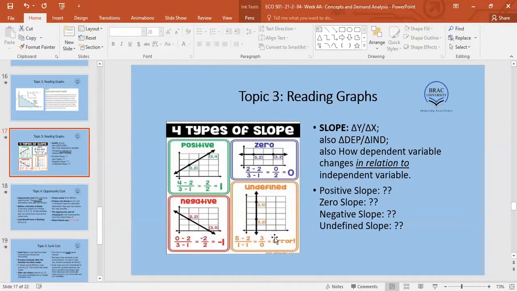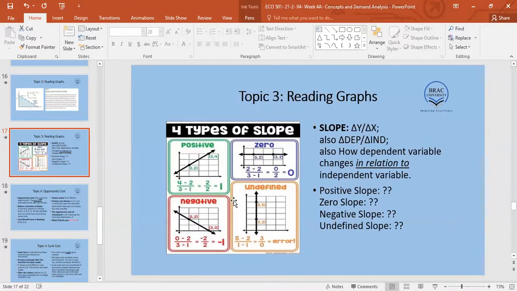Now look at the undefined one. If we are thinking from a mathematics point of view, then we are wired that the x-axis is the independent variable, and this black straight line creates a 90-degree angle with the x-axis. But if this was an economics convention, then this black line is parallel to the y-axis.